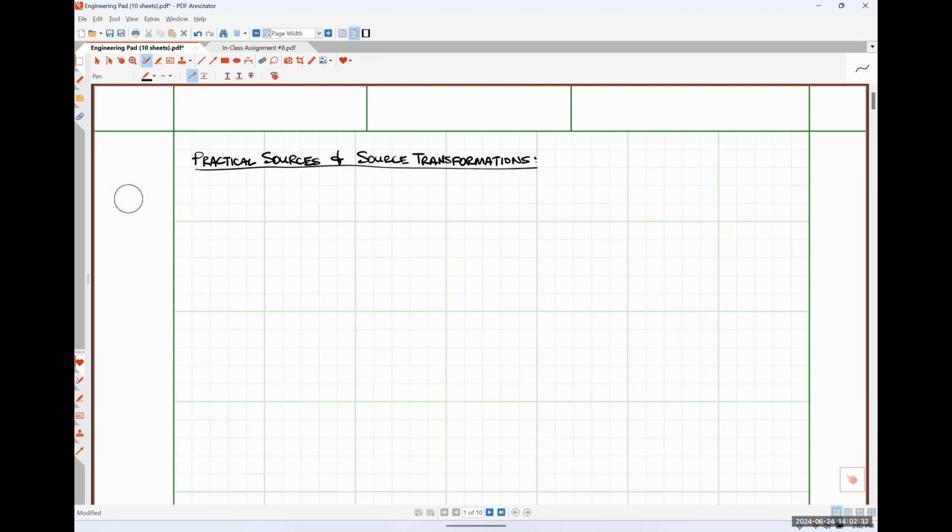So let's say that I have an ideal voltage source, like so, and that it is meant to supply 5 volts, okay?